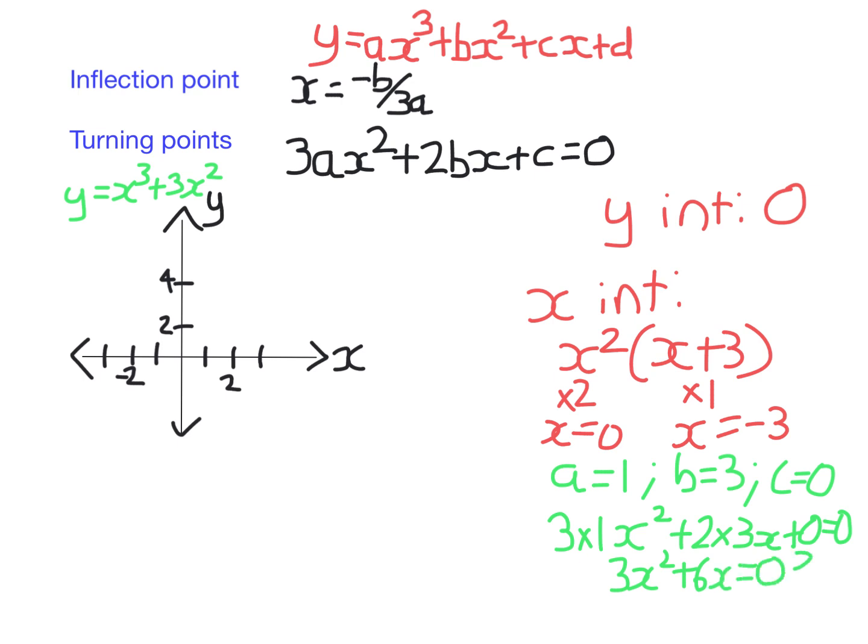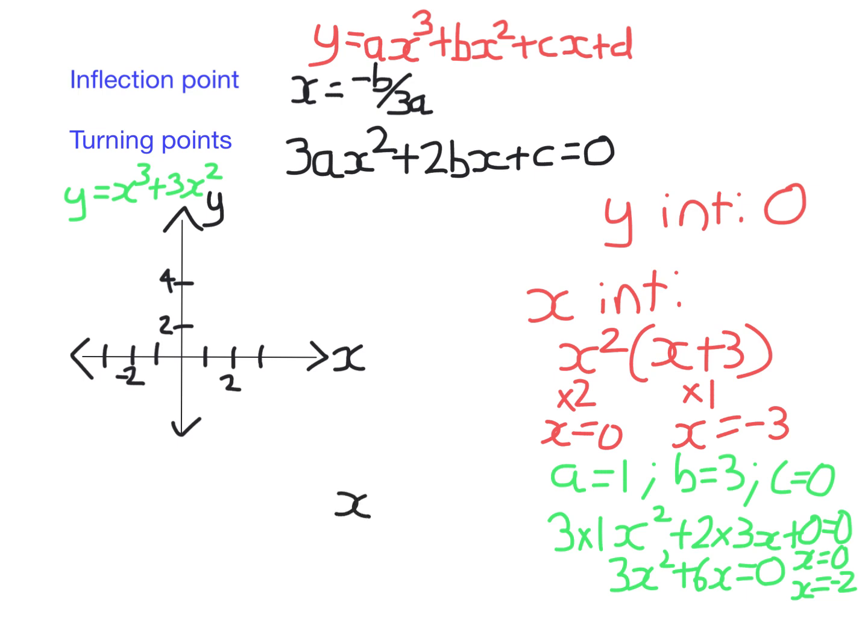We get x equals 0, that's one, and the other is x equals negative 2. We knew that x equals 0 would be a turning point because it's a double root. Double roots always are turning points. They bounce off the axis either this way or that way. So we've also found that x equals negative 2 is a turning point.